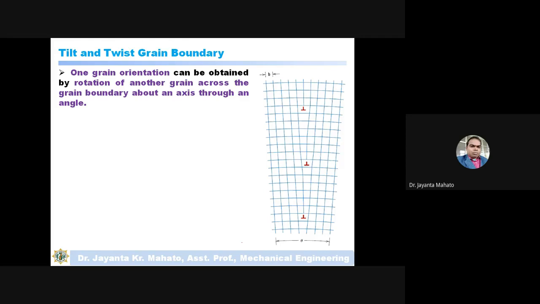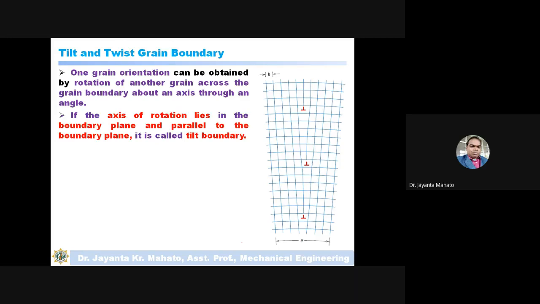an angle. So this is actually the convention for both tilt and twist grain boundary, that one grain orientation can be obtained by rotation of another grain across the grain boundary about an axis through an angle.